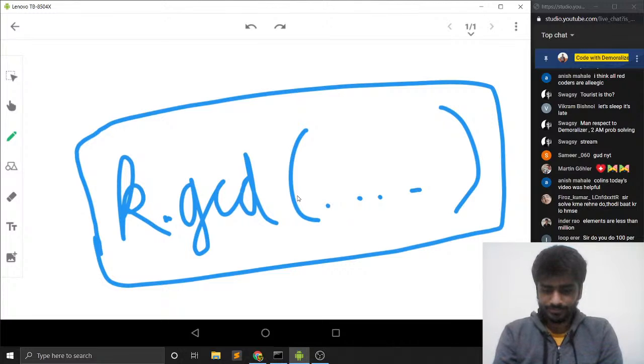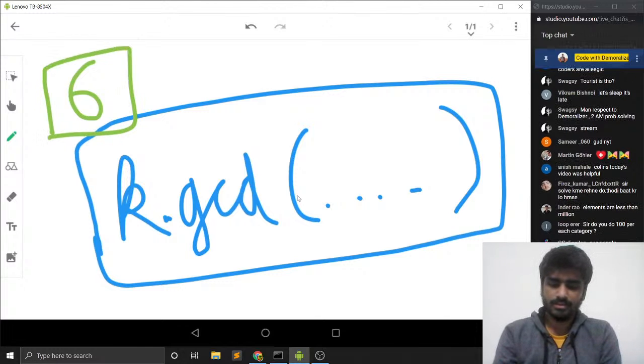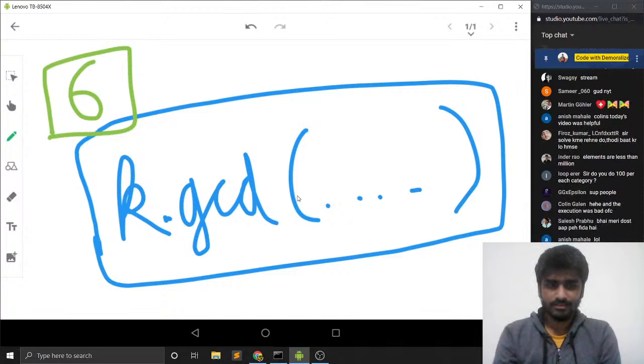So k into this GCD, right? Let's see if it has something to do with prime numbers or not. What I'm saying is, let's say the GCD is 6.